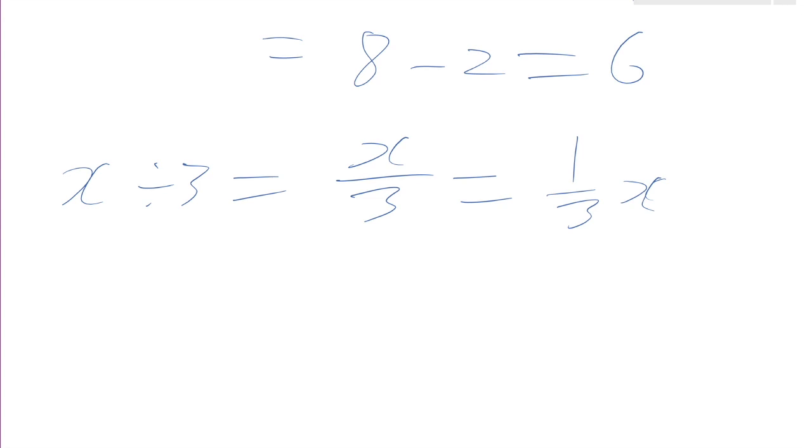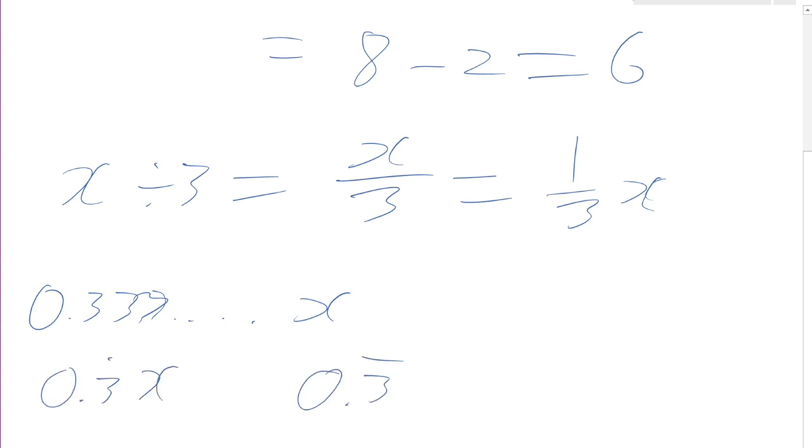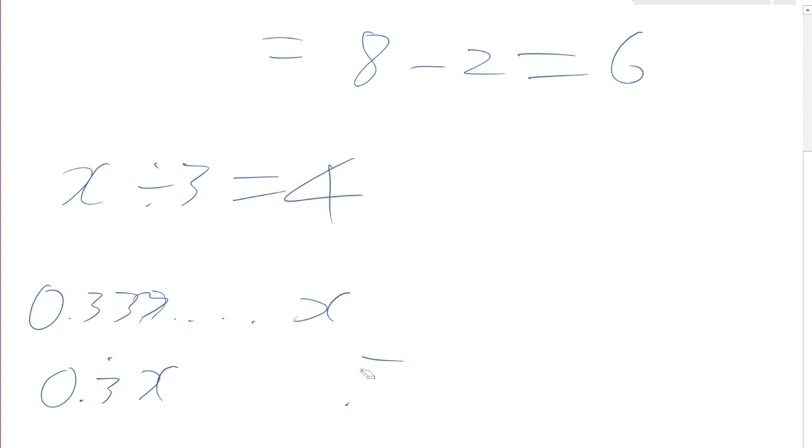What you will not see is 0.333 x, 0.3 x, anything like that. They will always use 1/3 or sometimes x over 3. You're unlikely to see x divided by 3 unless it's just a very simple equation like x divided by 3 equals 4, that sort of thing.